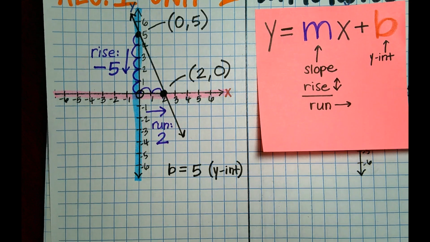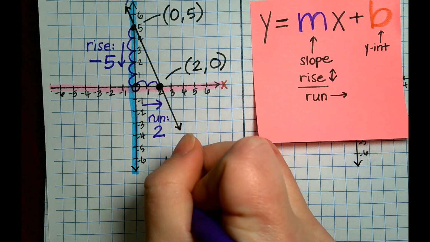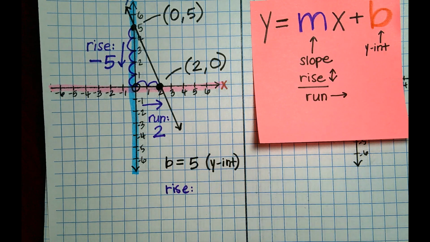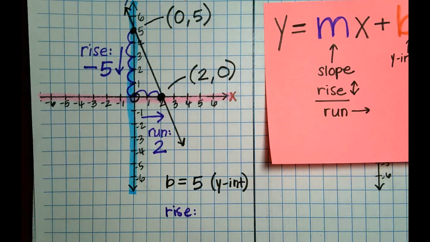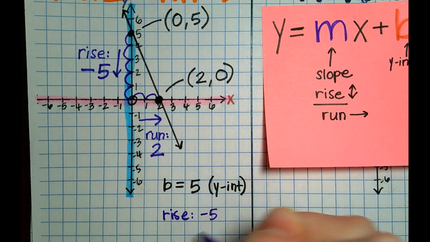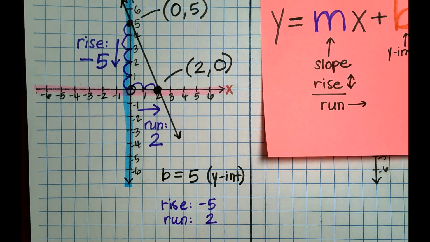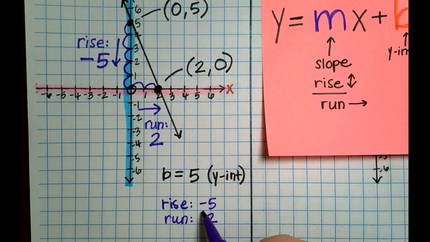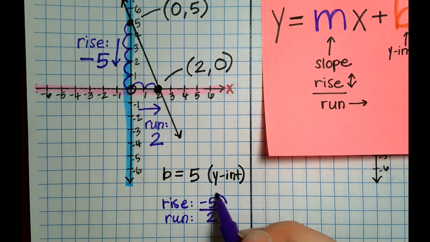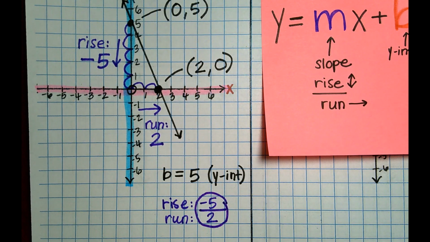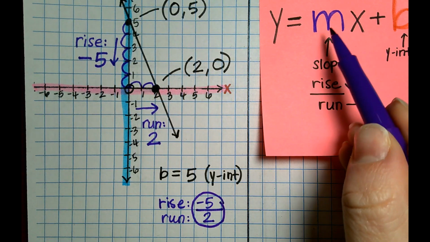2. So if my rise is -5 and my run is 2, what is my slope? It's just -5 over 2. And slope we label as m.